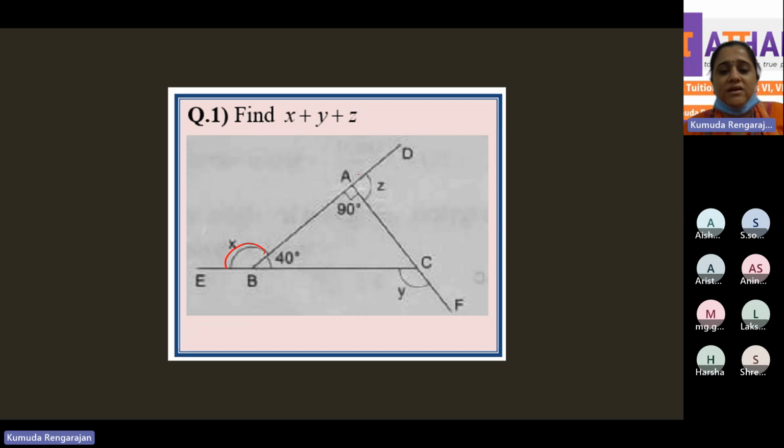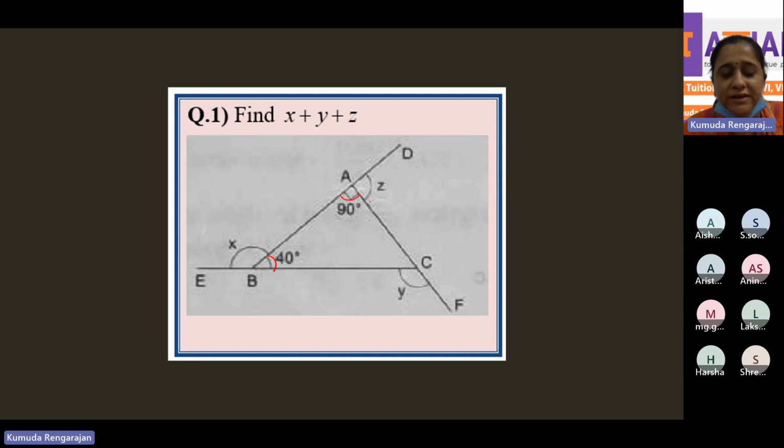X is an exterior angle, Y is an exterior angle, Z is an exterior angle. See, this is the interior angle, and this is its respective exterior angle. For each interior angle, there is a respective exterior angle.